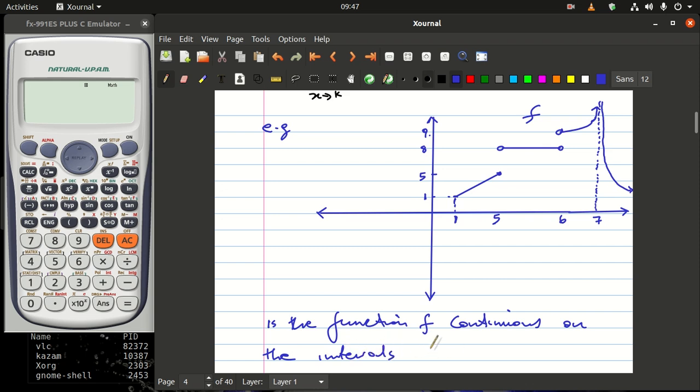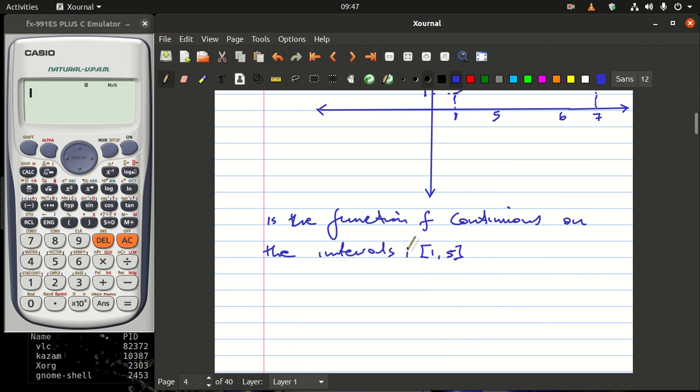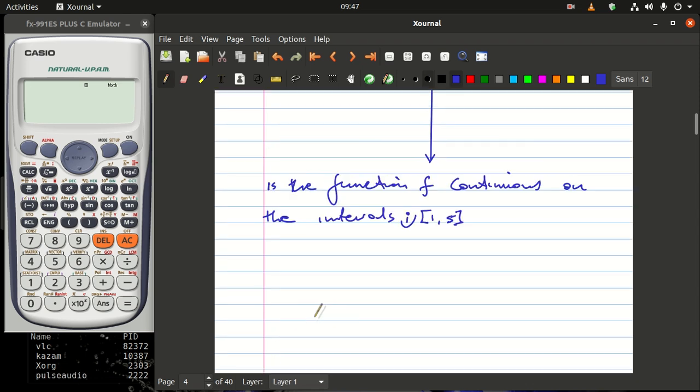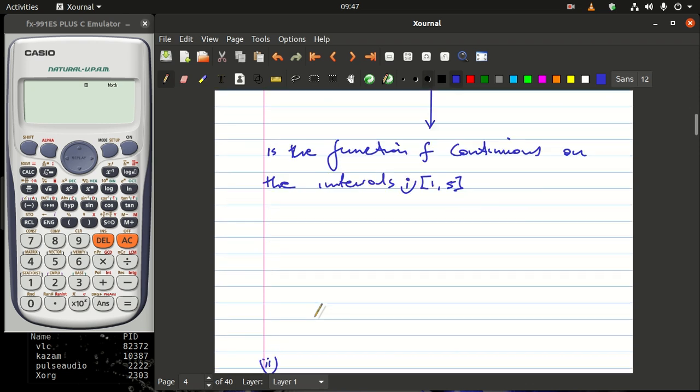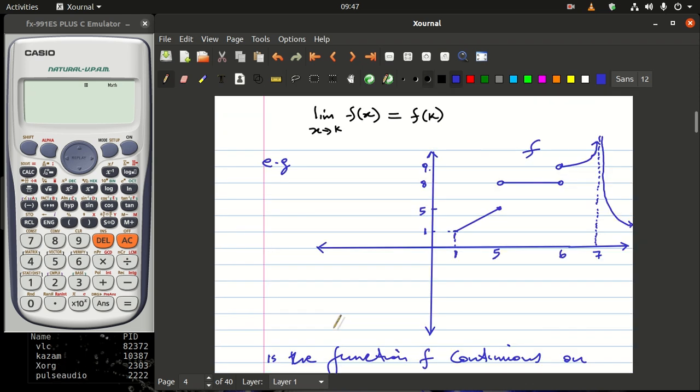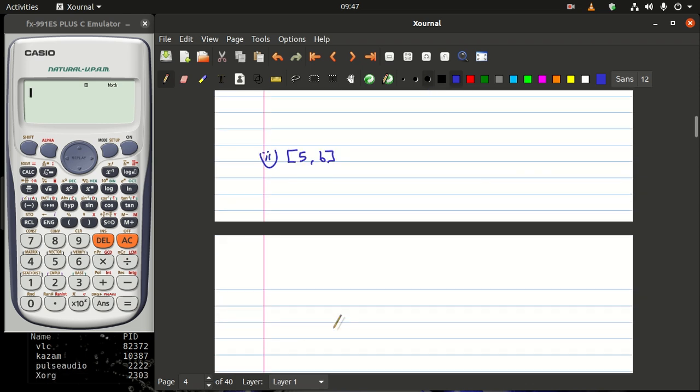The first interval is going to be 1 to 5. The second interval is going to be the interval between 5 and 6, and then the third interval is the last one.